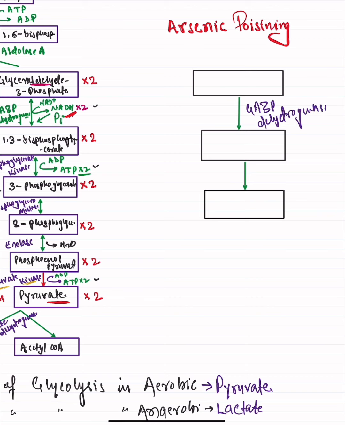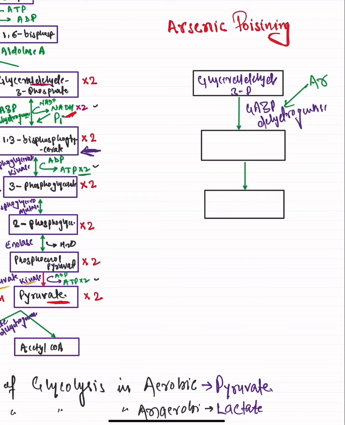So the arsenic will come here. What is this compound here? That is glyceraldehyde 3 phosphate, right? And this glyceraldehyde phosphate accepts phosphate, and usually it is changed into 1,3-bisphosphoglycerate, as you can see here, right? But what happens here?